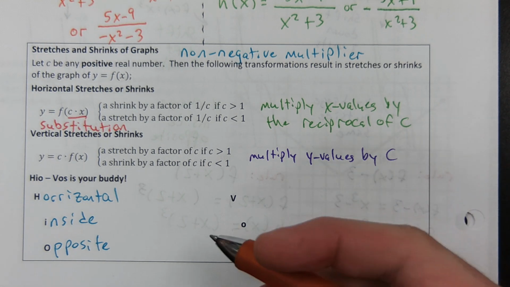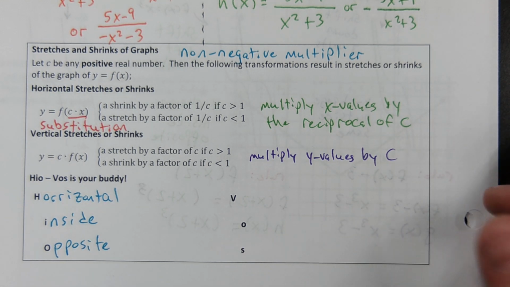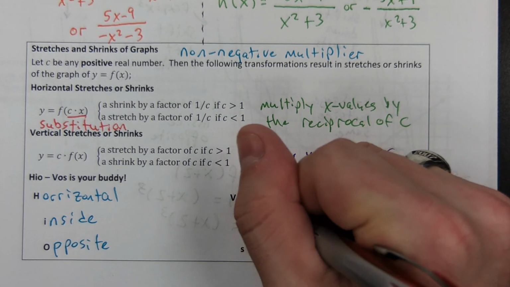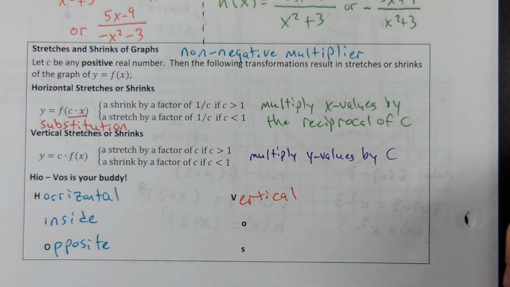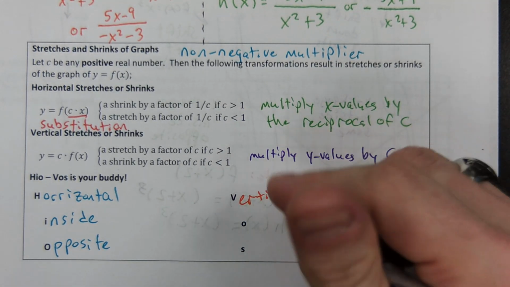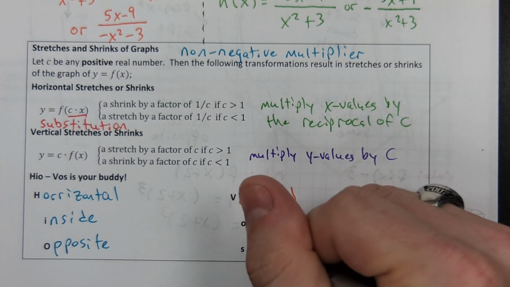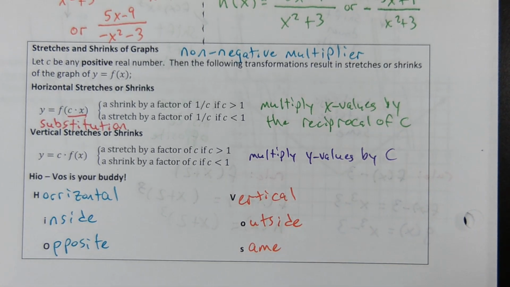Go Gators, just wrote in blue, about to write in orange. So that's what HIO is: horizontal, inside, opposite. VAS, vertical. All vertical changes happen outside of our function notation, and they will have the same effect we expect them to have. HIOVAS. And there it is.